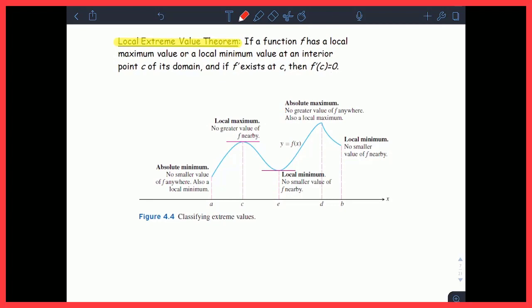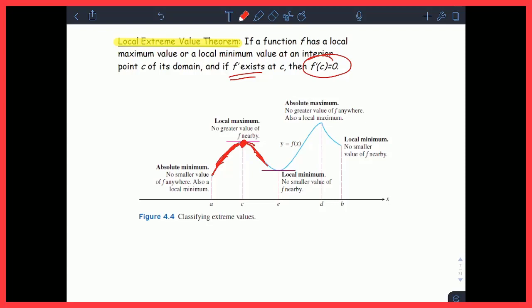Local extreme value theorem states if a function f has a local maximum or a local minimum at an interior point of its domain and f prime exists, then the derivative has to be 0. The idea is that if you have a positive derivative, you are increasing, and then you're decreasing, you have to be 0 at that moment because you can't have a rapid change of increasing to decreasing if f prime exists.